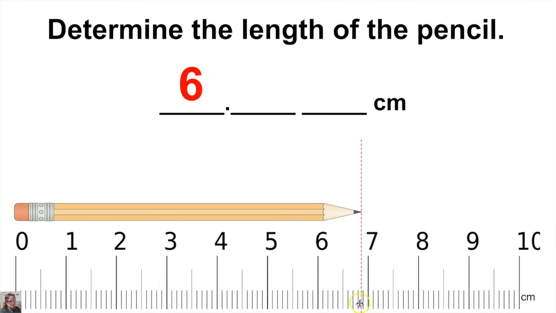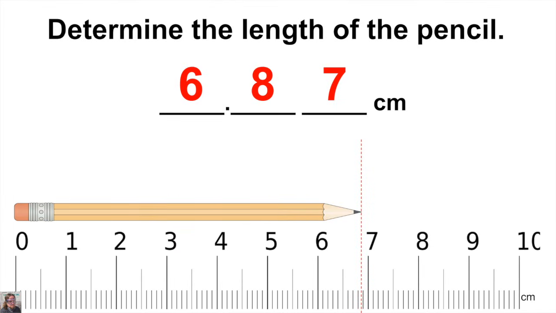It's not quite 6.9 centimeters. With 100% certainty, we know it's 6.8 centimeters, and now we have to estimate one significant figure past the level of precision of our instrument. This red dashed line appears to be a little bit more than halfway between 0.8 and 0.9, so we'll call this 6.87 centimeters. So the length of this pencil is 6.87 centimeters.